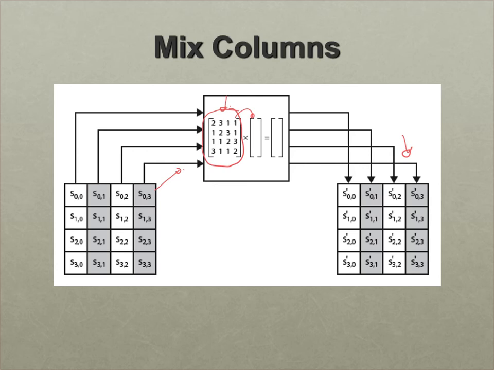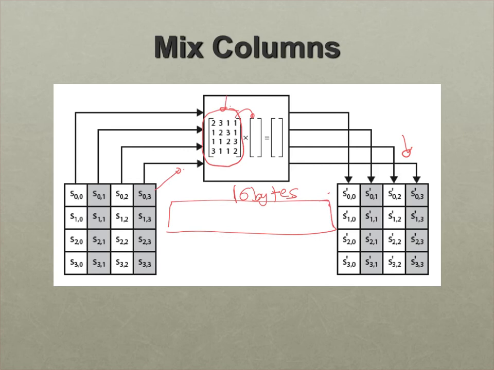Of course, the add round key stage is very simple. We convert the state matrix into one big vector of 16 bytes, and then we XOR it with the key. That's it. Okay, so the add round key itself is a very simple stage.